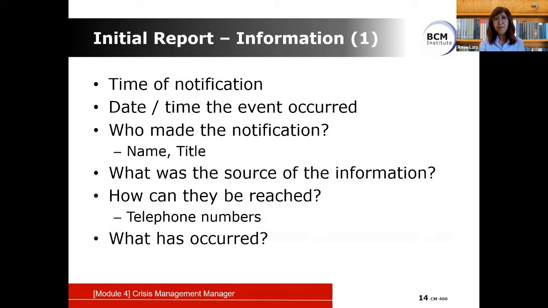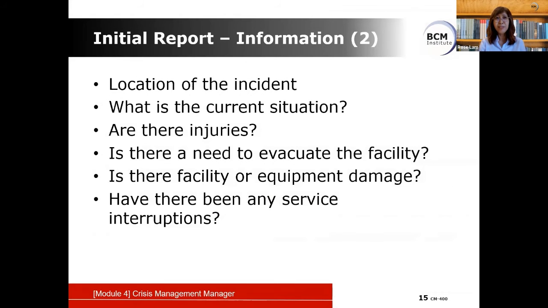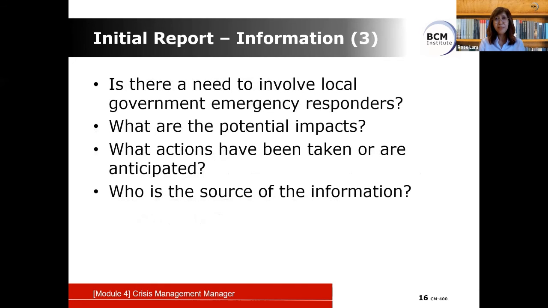There are probably a few more bullets that you can look at, because this will help to review your crisis management plan in the initial incident report and response, to see whether there is enough information in the plan, whether it's comprehensive enough. Okay, so I'll leave you to look at the questions.